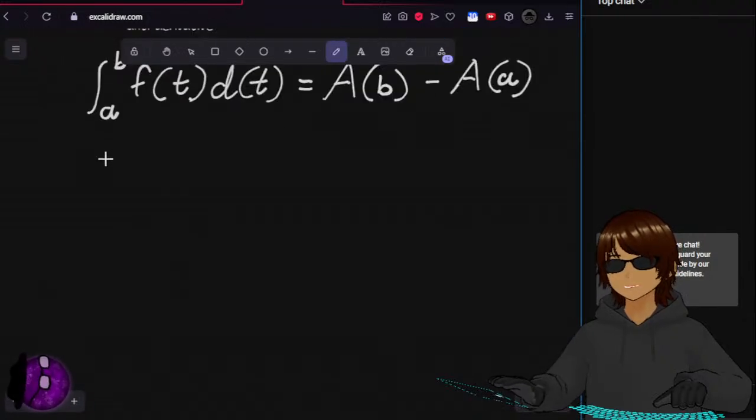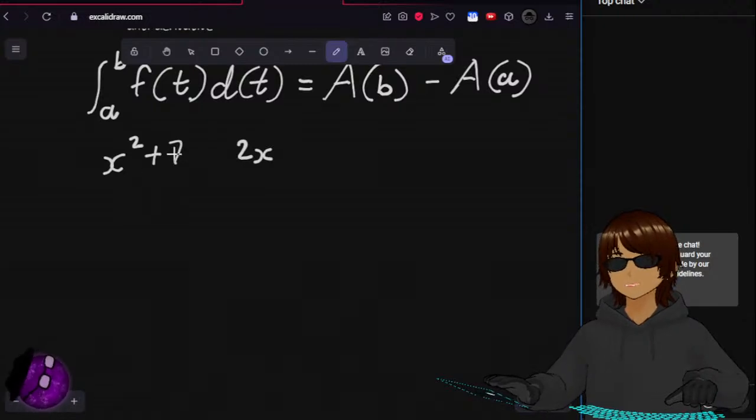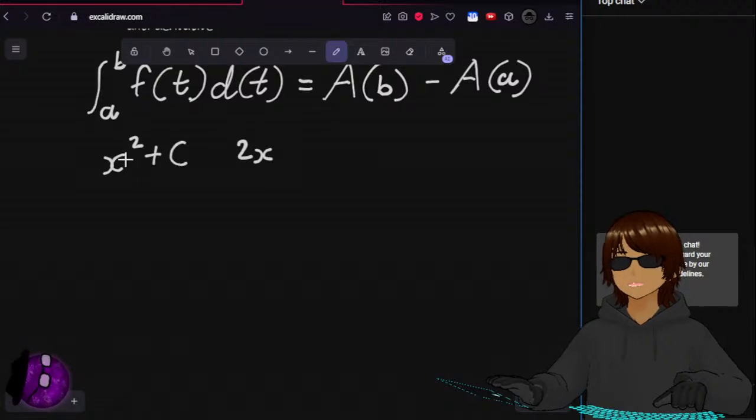So like the derivative of x squared is 2x. The derivative of x squared plus 6 is also 2x. Derivative of x squared plus 7 is also 2x. Basically, derivative of x squared plus any constant c will always be 2x.